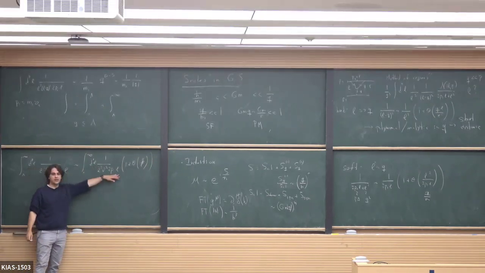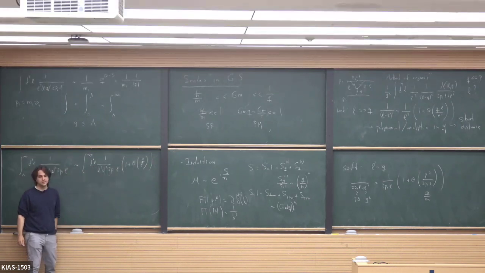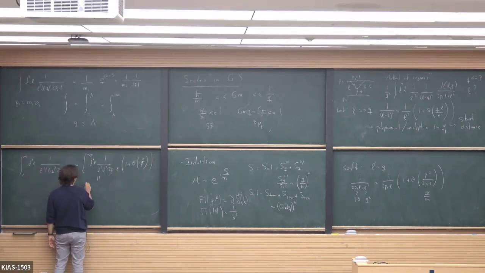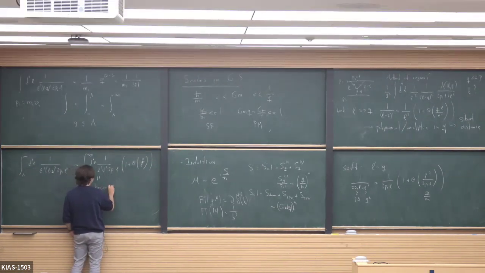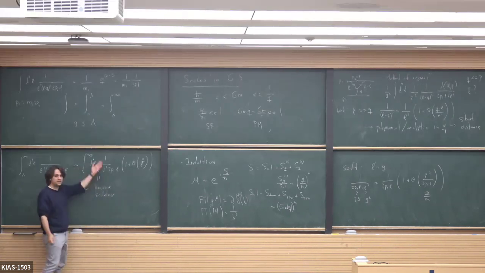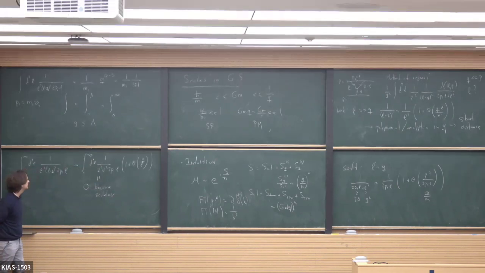But now this is homogeneous in L, and it's scaleless. And by definition, in dimensional regularization, scaleless integrals are 0. If I don't have any dimensional quantity that this could depend on in the integrand, then this is 0, okay?